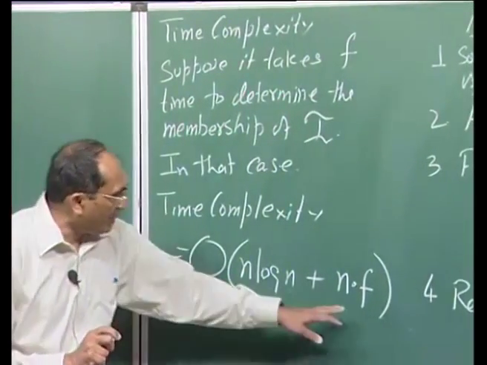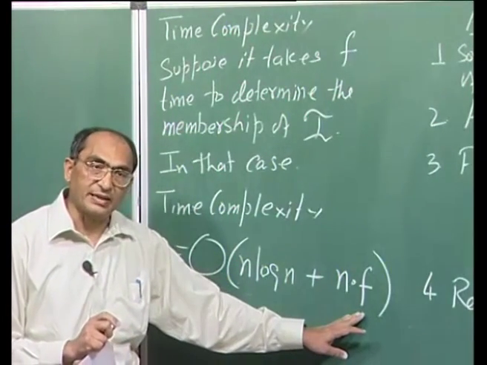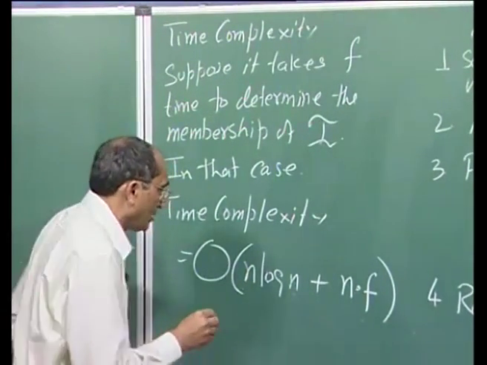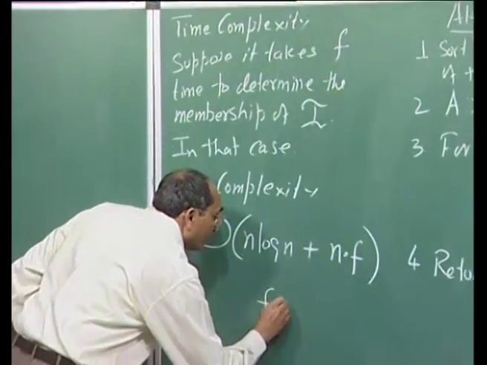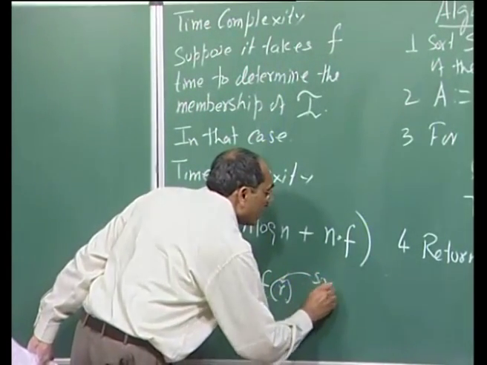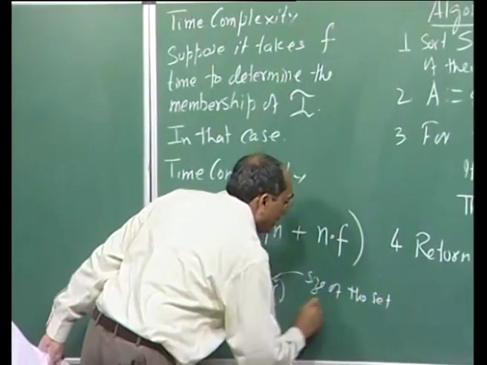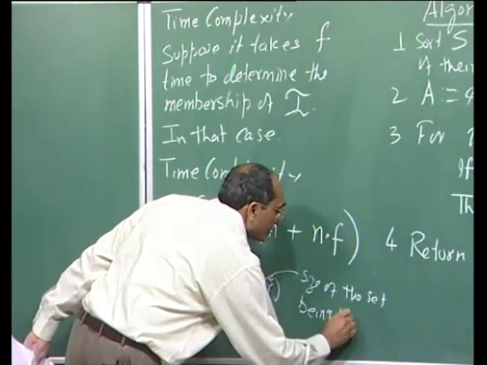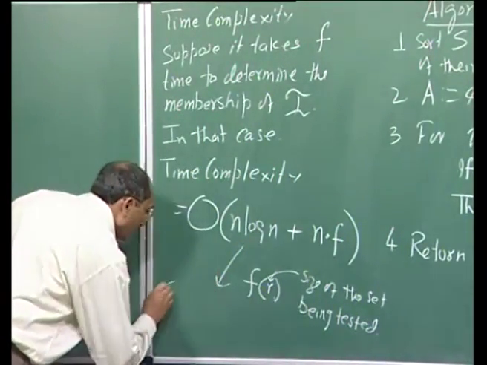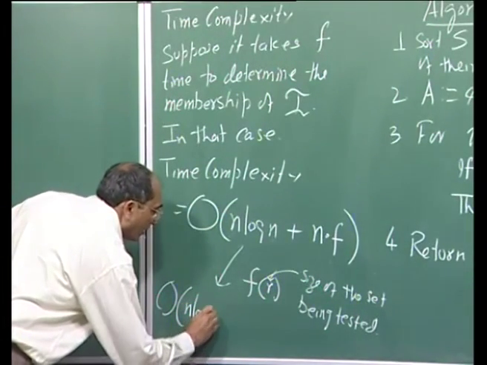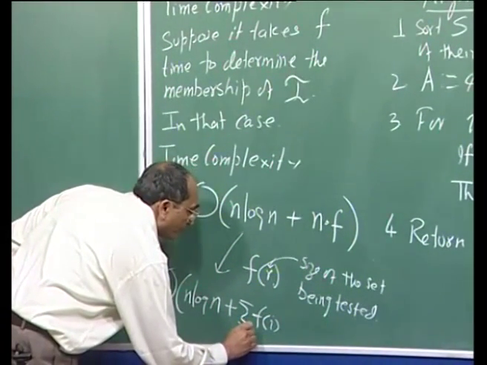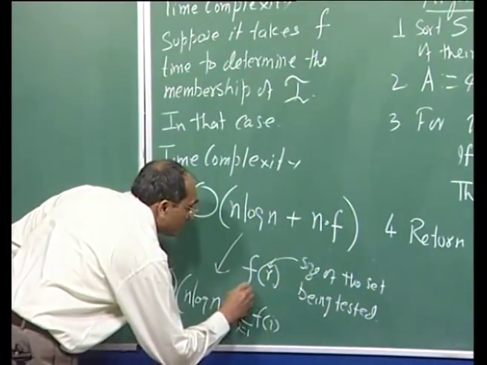In case f depended on the size of the set we are testing, that could happen, then let us say the cost is f of r, where r is the size of the set being tested, then this cost would look like order n log n plus the sum of f of i going from 1 to n.